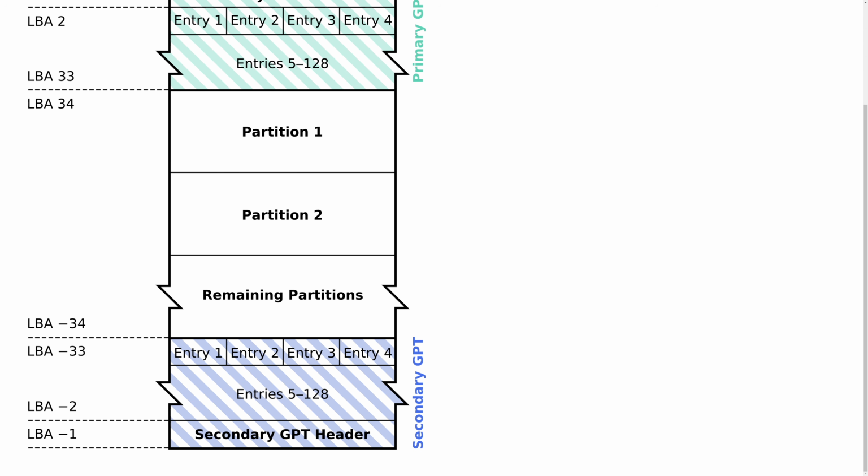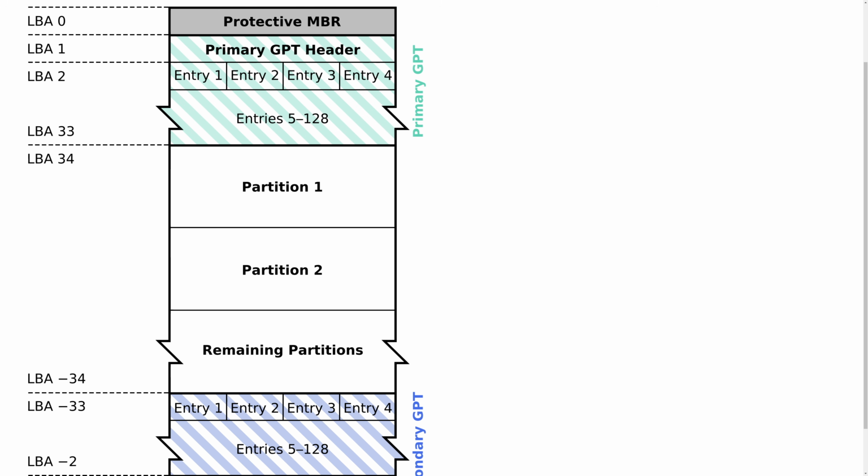And at the very end of the disk image, at LBA -1, the very last sector, we have our secondary GPT header, which wasn't corrupt in our case, and this one was. So right after our first sector that has our first stage bootloader, we want to have our GPT header.